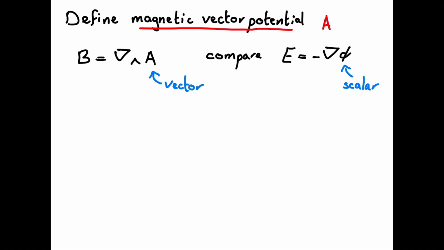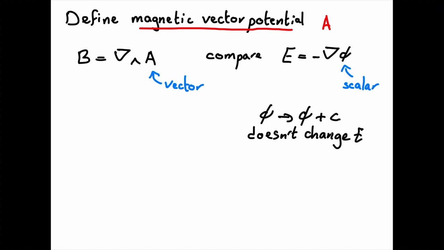Now remember that the scalar potential is not unique, because I can replace phi with phi plus a constant, okay, and this doesn't change E. What about A?